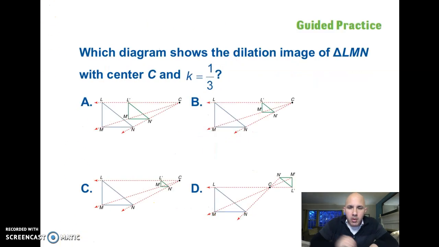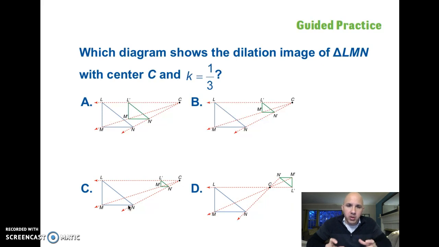This first guided practice: which diagram shows the dilation image of triangle LMN with a center C and a scale factor K equal to 1/3? So you have your image LMN, and in this case, your image is going to be reduced by 1/3.